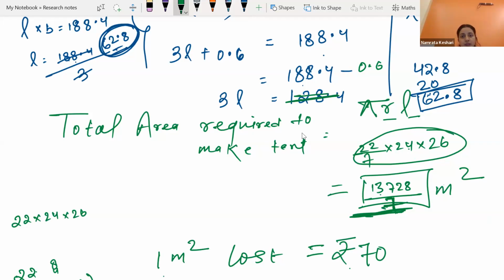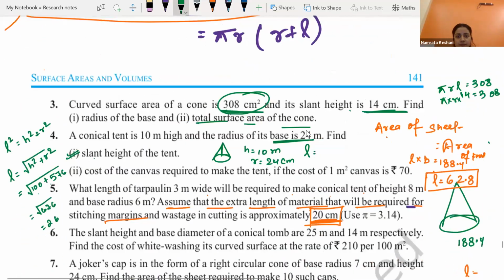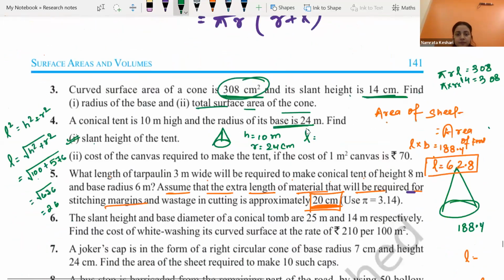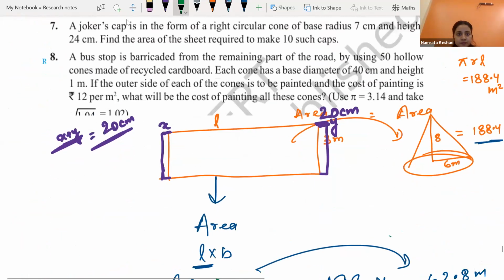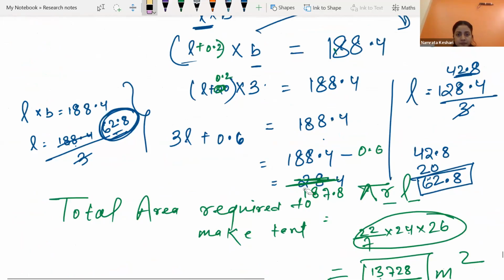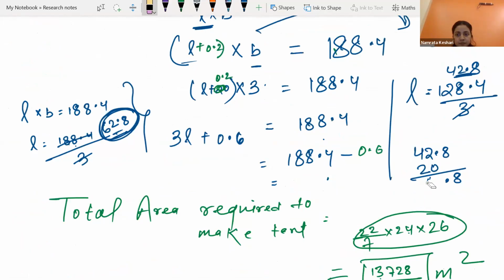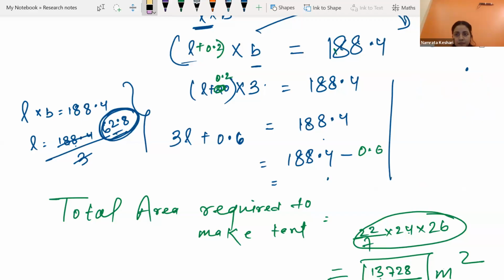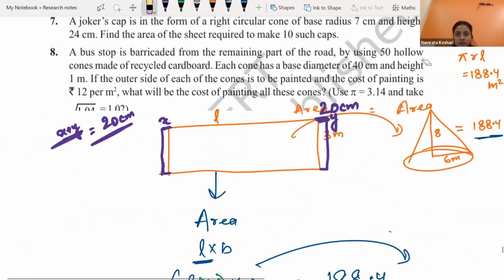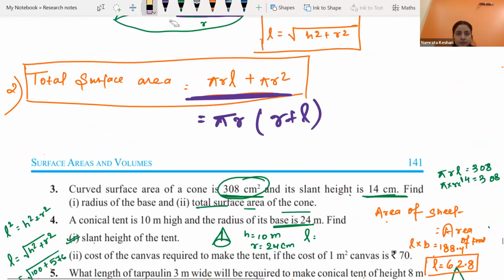We will be getting 187.8. Just a moment.